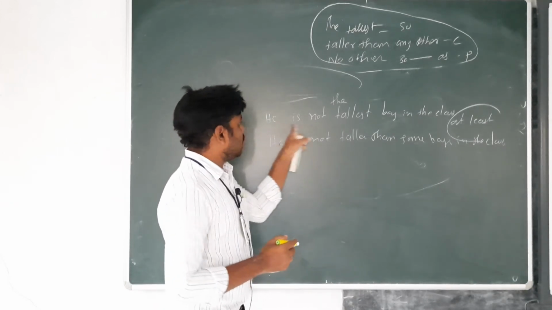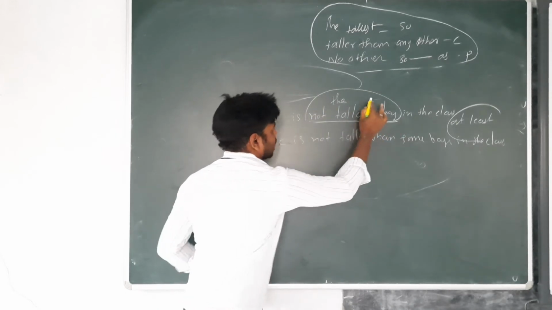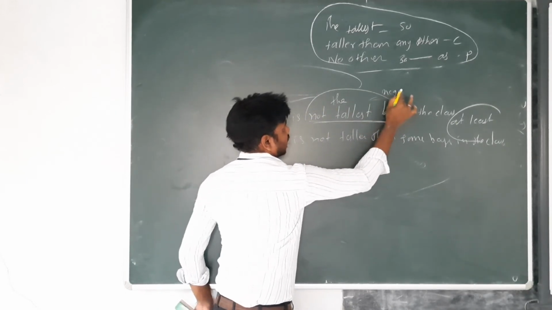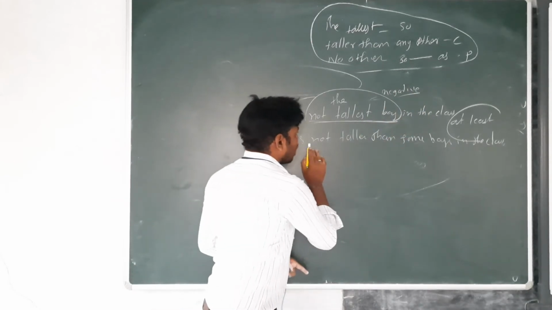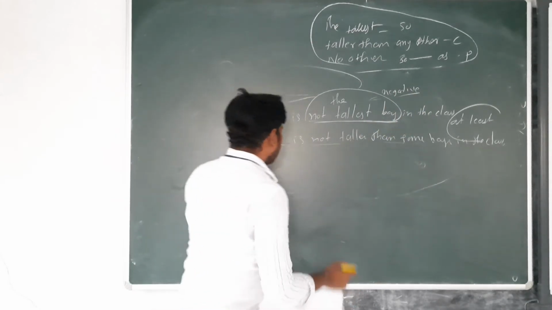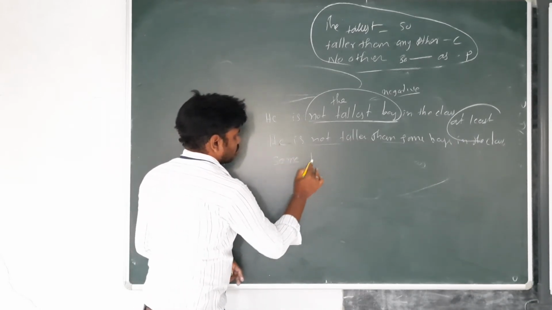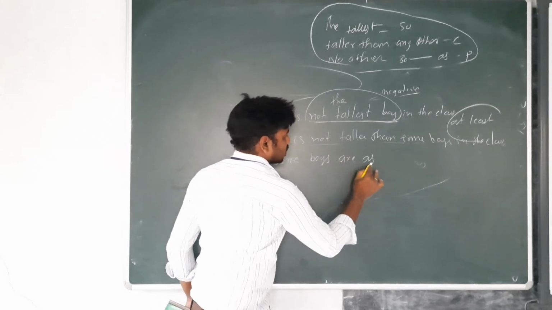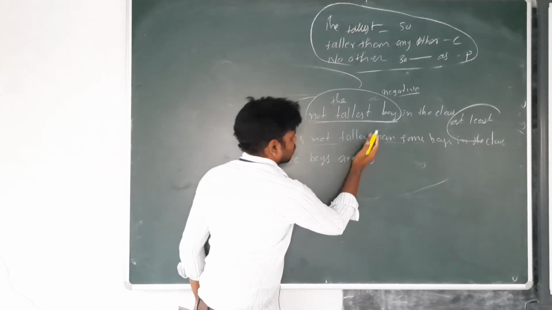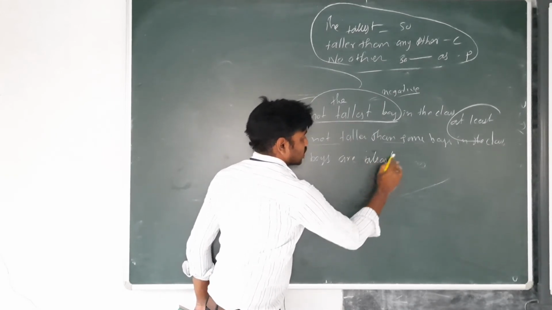So "he is not the tallest boy" is the negative sentence. So he is not taller than some boys. Now when we change it to positive: some boys are at least as tall as he. This is the positive degree. Why do we use "at least"?